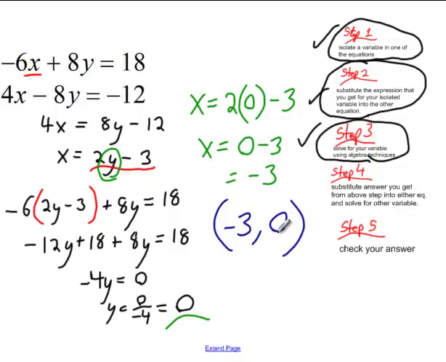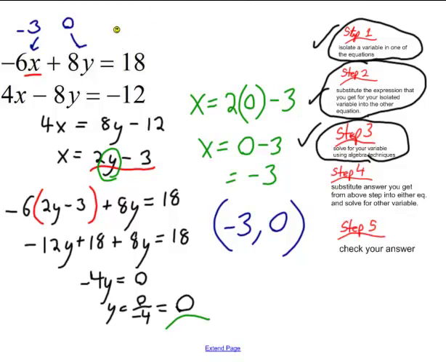So let's take that and plug these values in up here. So my x, oops, got a negative. My x is negative 3 and my y is 0, so let's plug those in here and here. Negative 6 times negative 3 is a positive 18. Positive 18, and then 0, is equal to 18, so that's correct.